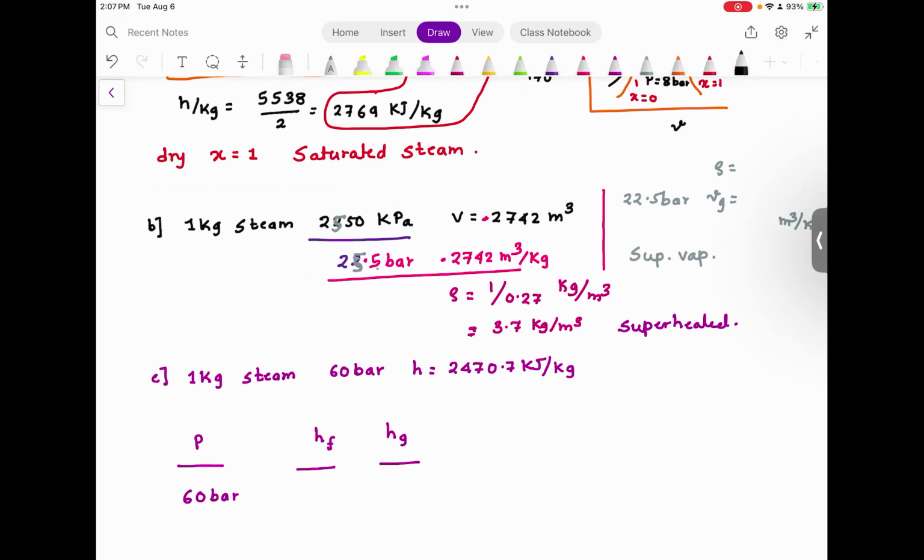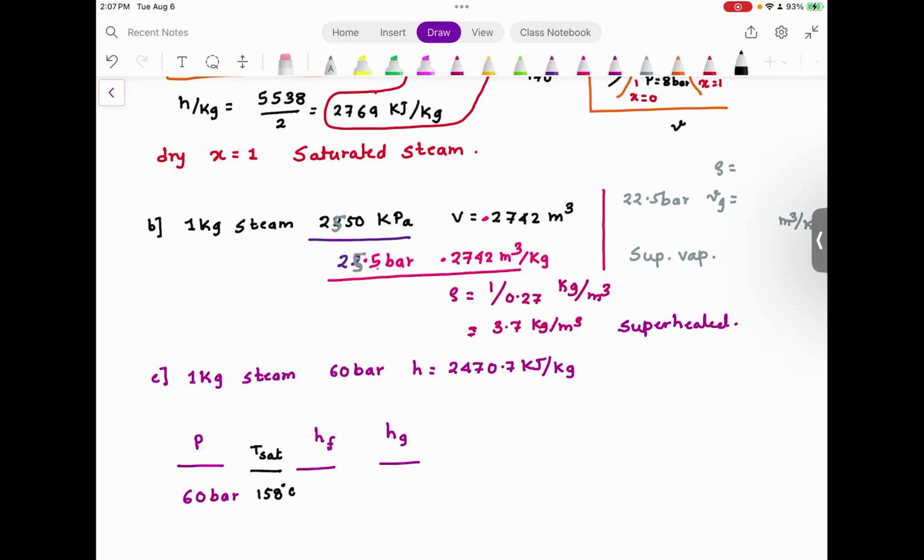And tell me the saturation temperature also. At 60 bar, what is the saturation temperature? 158 degrees Celsius.